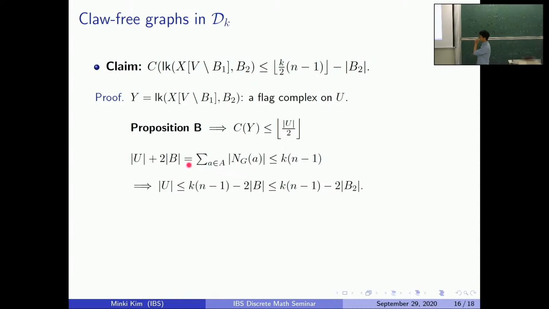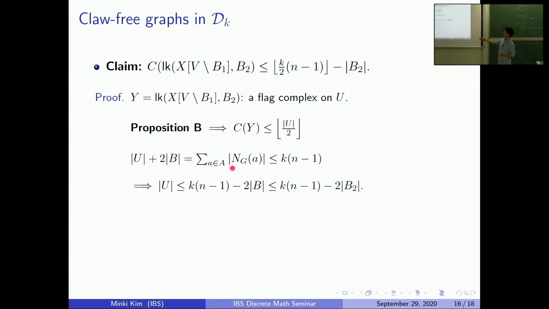We count the sum of the sizes of the neighborhoods of A over all vertices of A. It will be the size of U plus 2 times the size of B, because every vertex in U has one neighbor in A and every vertex in B has two neighbors in A. Here we are using the bounded degree condition: every vertex in our graph has at most k neighbors.